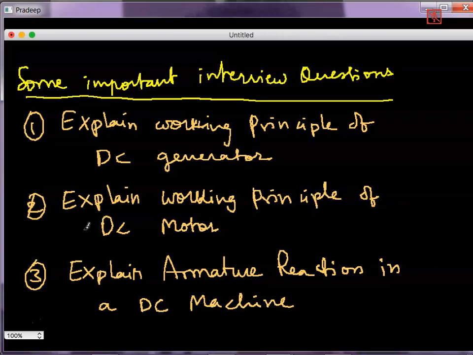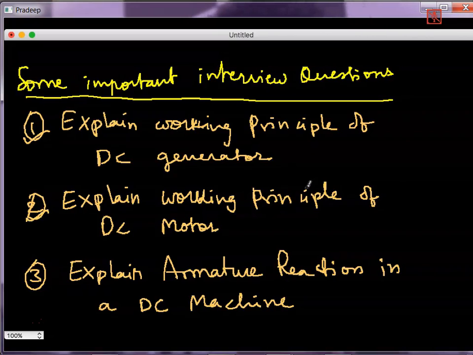So first one, I'm sure you're comfortable with. Second one also briefly we had discussed before. And third one is what I'm going to talk about today.